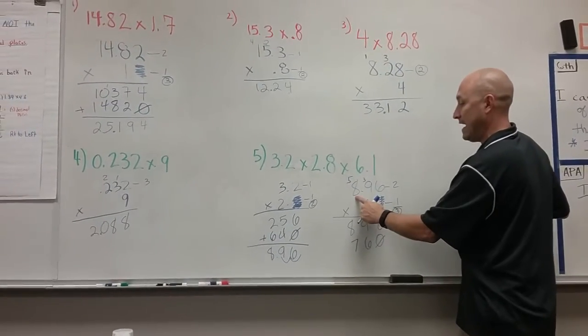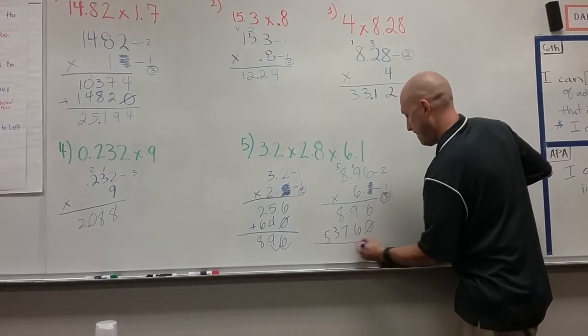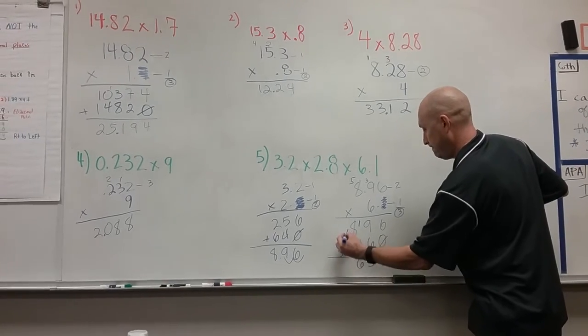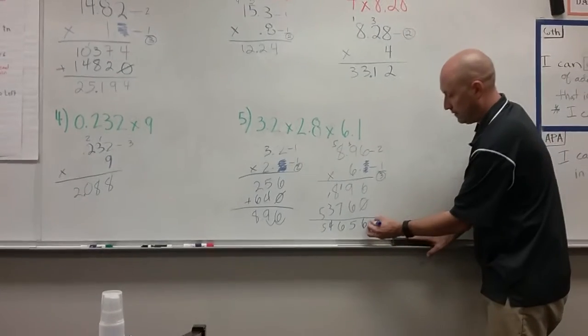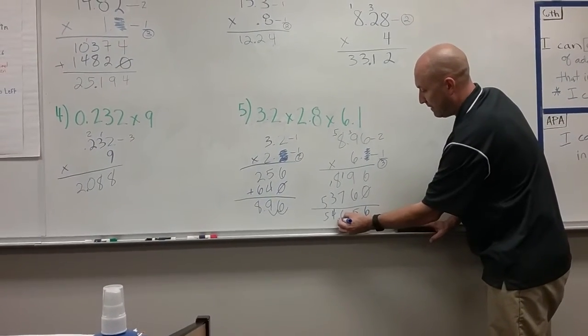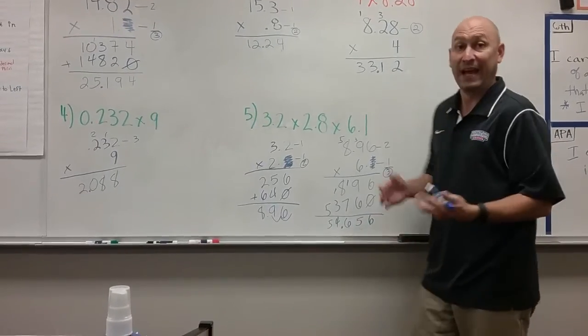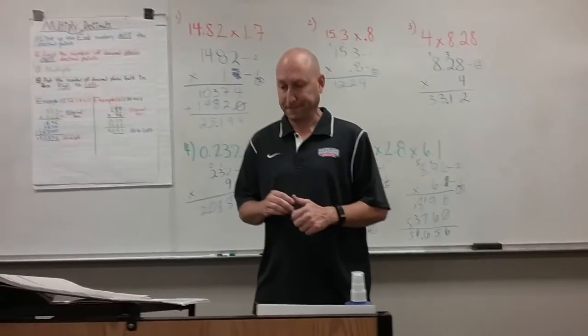And lastly, 48 plus 5 is 53. Add everything up. Put my 3 decimal places back in. 1, 2, 3. My final answer is 54.656. I said that my estimate should be about 54 so that I know that I'm correct.